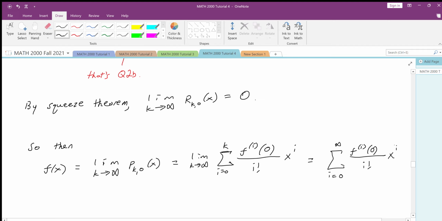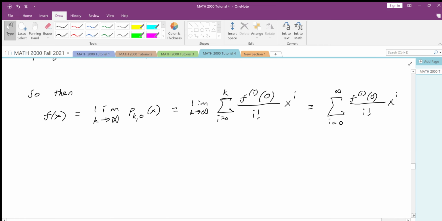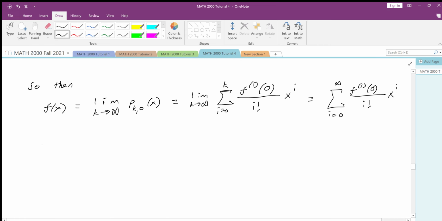Okay. So what remains to be done is to figure out what f to the power i at 0 is. So we recall f of x is just sine x. And remember, the derivatives of sine go sine, cos, minus sine, minus cos.